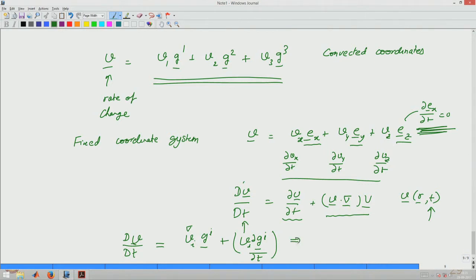So, if we are interested in rate of change of V in convected frame, which is this quantity V I with the triangle.